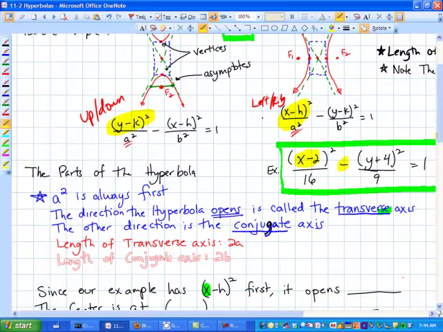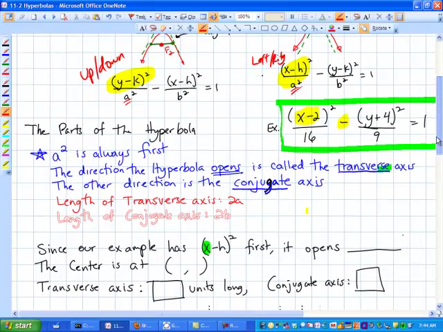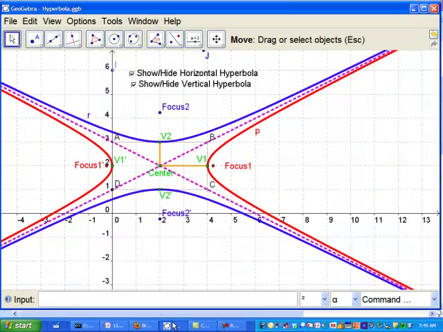Here are some facts. They're printed already in your notes there. The direction that the thing opens is called the transverse axis. Now, we can't really call it a major and a minor axis because that changes.